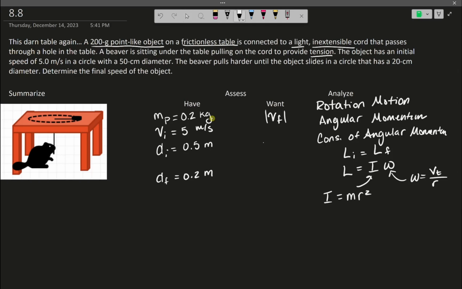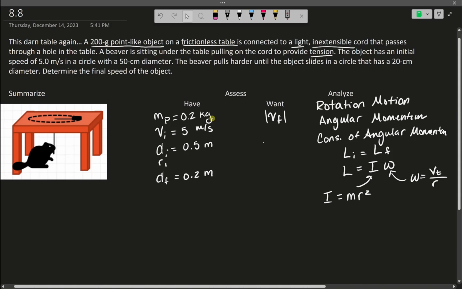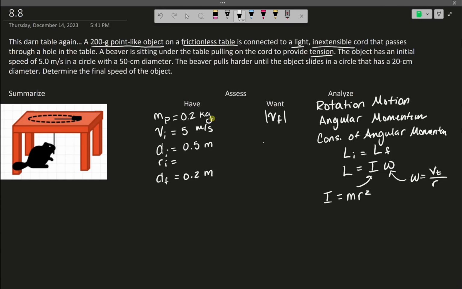I only have diameter, so I need to change the diameter into radius, right? To get radius from diameter, you just divide by 2. So this will be 0.25 meters, and my final radius is going to be 0.1 meters. And I think that's everything that I need to solve this problem.